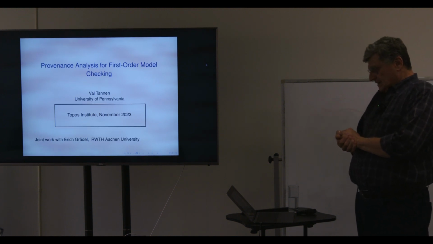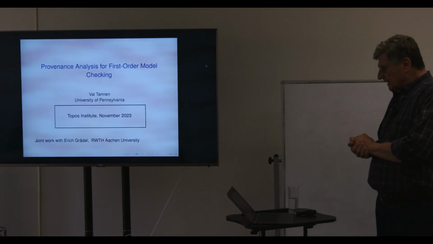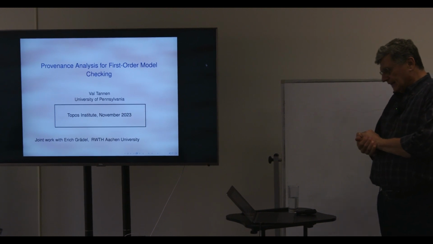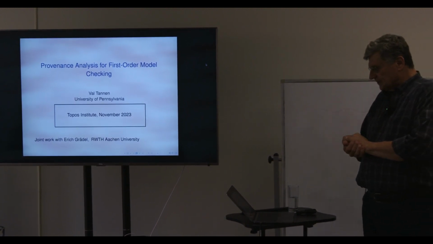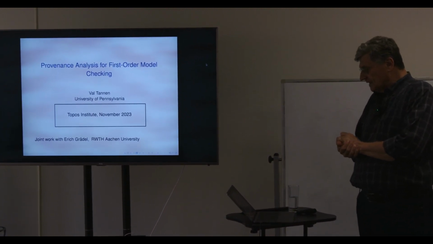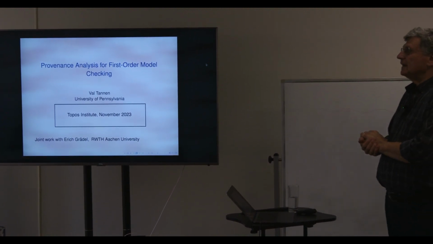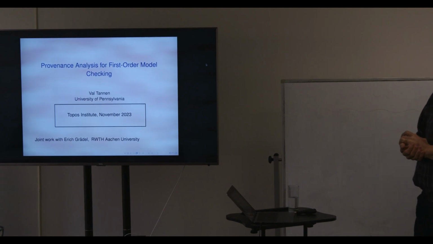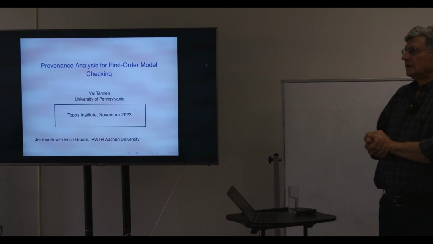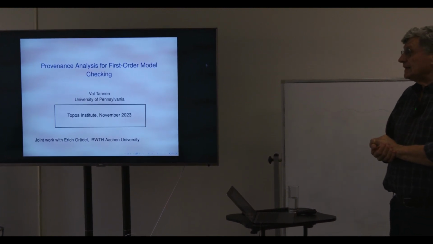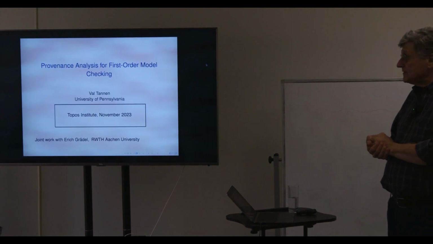So this is work done jointly with Erich Grädel, who is a professor at Aachen University. And there are several ingredients here that are coming together, perhaps unexpectedly for some of the audience. One ingredient is provenance.